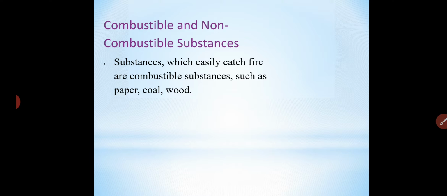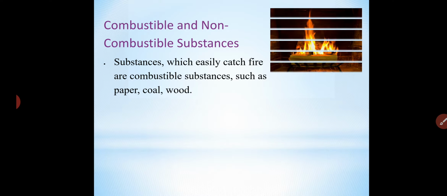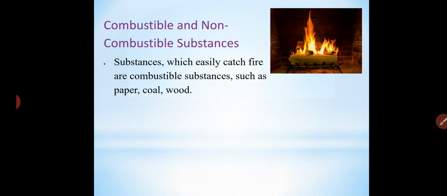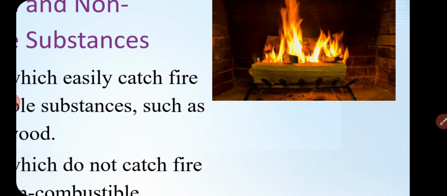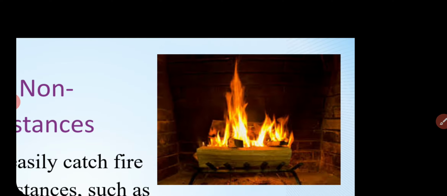Now we are going to see combustible and non-combustible substances, substances which undergo the process of combustion and which do not undergo any process of combustion. Substances which easily catch fire are combustible substances, for example wood and books. Here we can observe how papers and wood are burning.